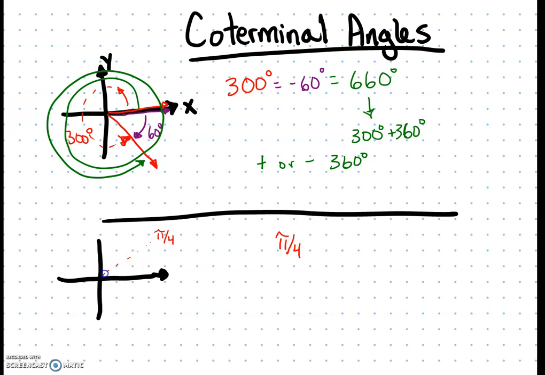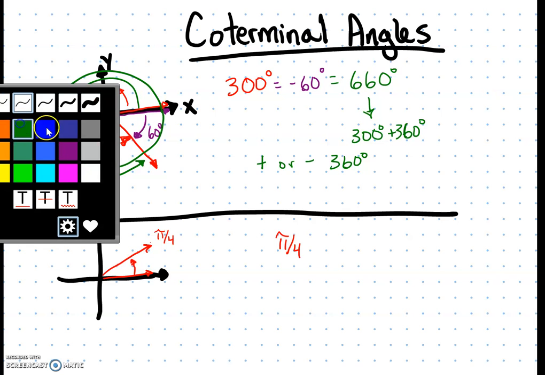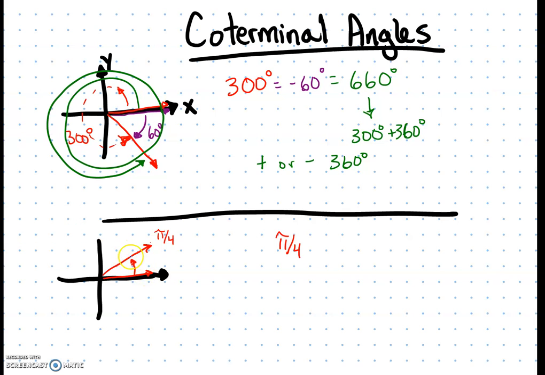Now, if I'm talking in terms of radians, here's my pi over 4 angle. I again worked off the x-axis, and I worked in a positive direction. But if I want to get the coterminal angle with this, what am I going to do? I'm going to travel all the way around my circle yet again. So I can go all the way around and then go another pi over 4.